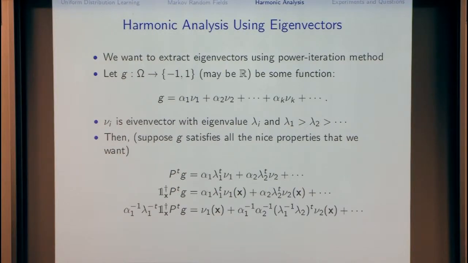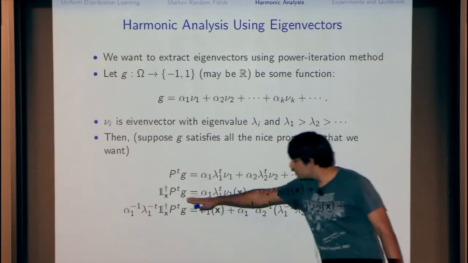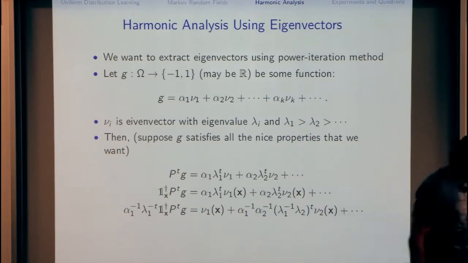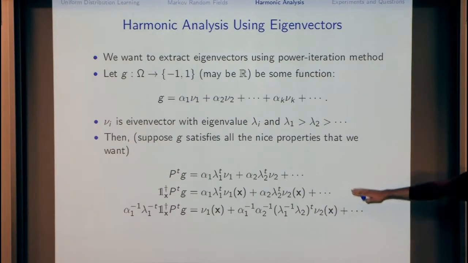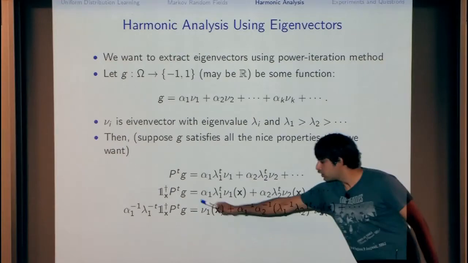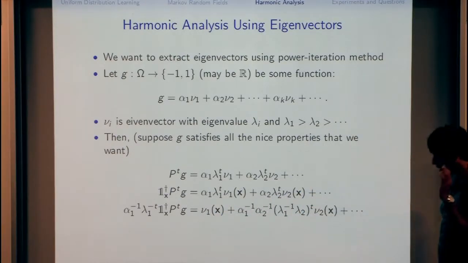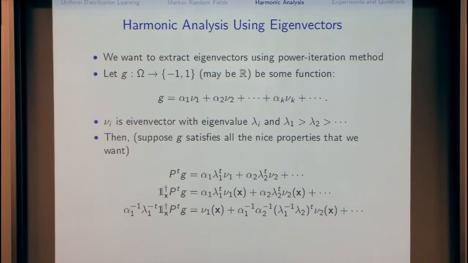And in particular here, I'm multiplying by this unit vector 1x, which is, again, in a to the n dimensions, it has 1 in the position corresponding to x, which is just a point in omega, and 0 elsewhere. And if I rearrange the terms slightly, what I get is this quantity on the left is just the value of the first eigenvector at x times g, plus other terms which are hopefully much lower order.